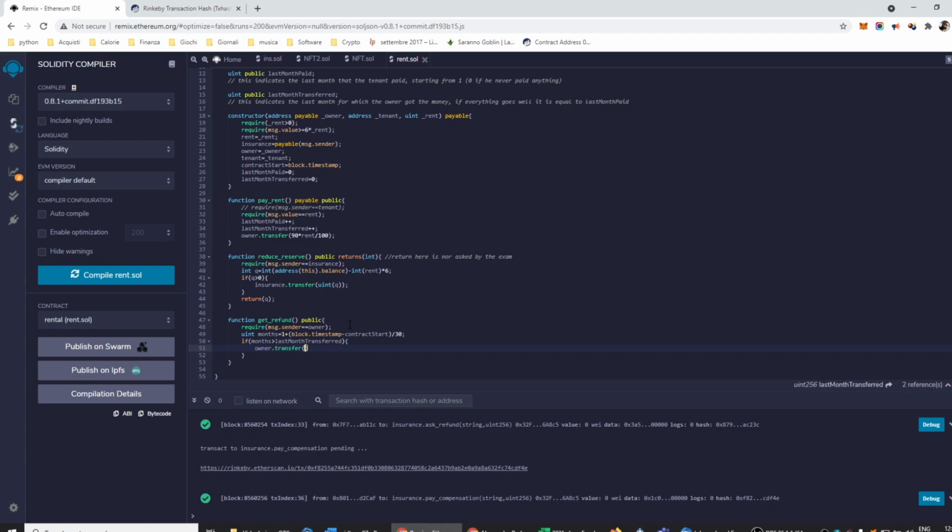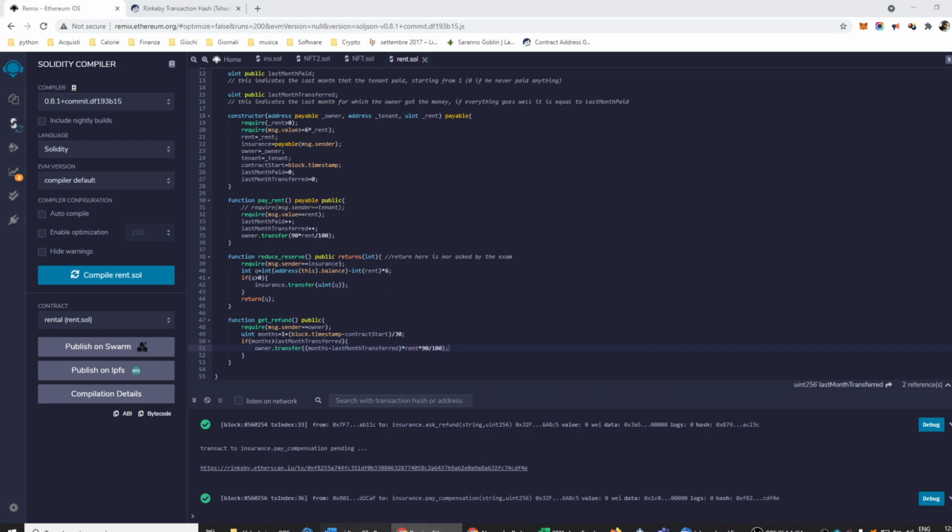We have to transfer to him what? Amounts minus this one, multiplied by rent multiplied by 90 divided by 100. So we pay all the months which were due, multiplied by the rent for each month by 90.